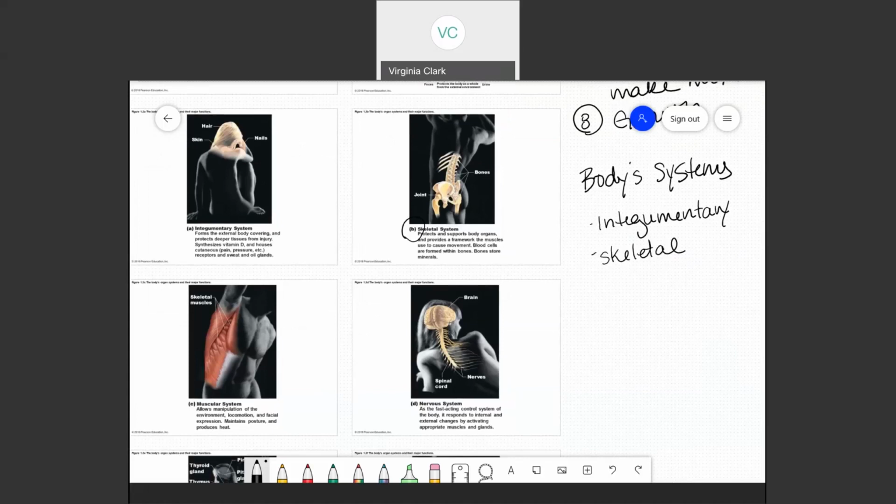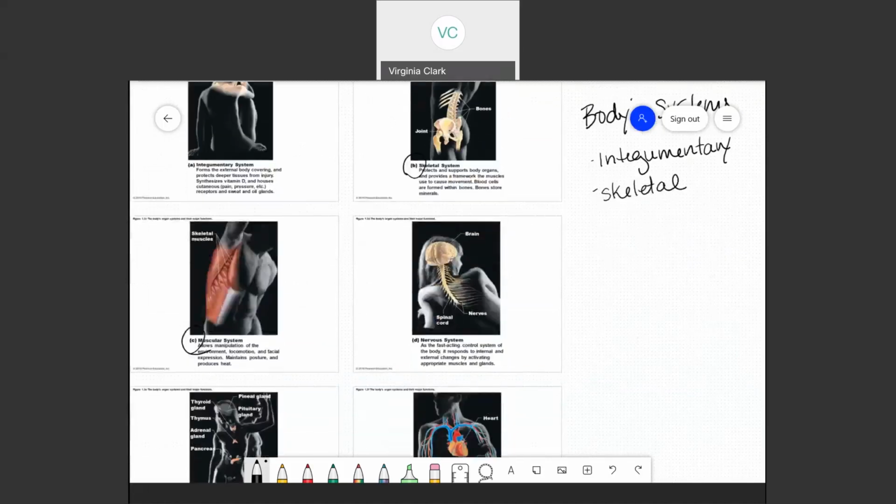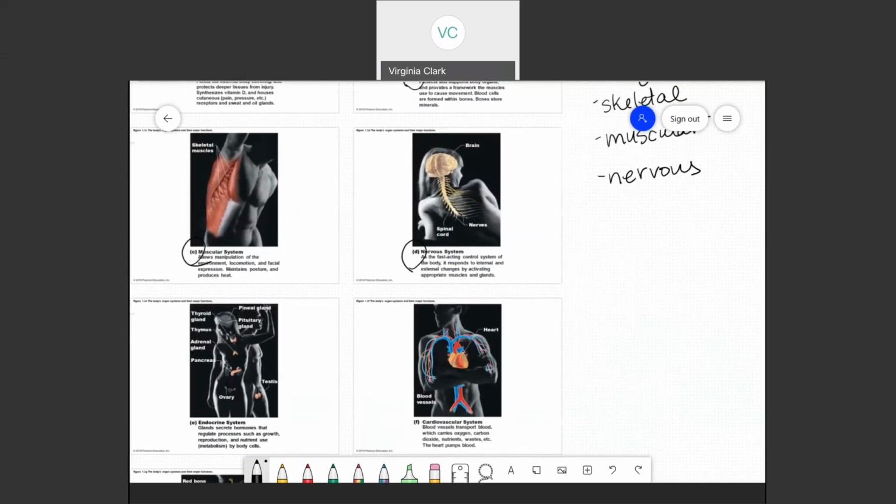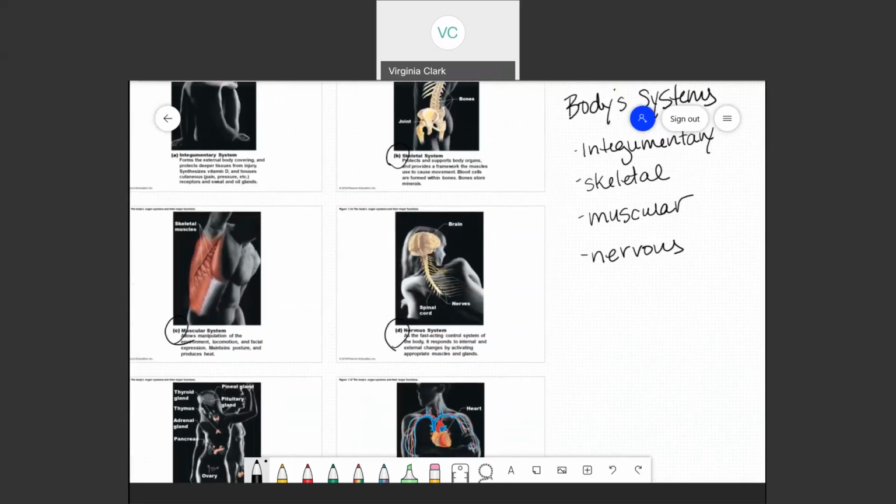After our skeletal system, the skeletal system connects to your muscular system, and it has the ability to move your bones. And then you've got your nervous system, one of my favorites. This is my background. Nervous system is the communication that tells your body to do what it needs to do. And this is where we're going to end A&P 1. We're going to cover integumentary, skeletal, muscular, and nervous.